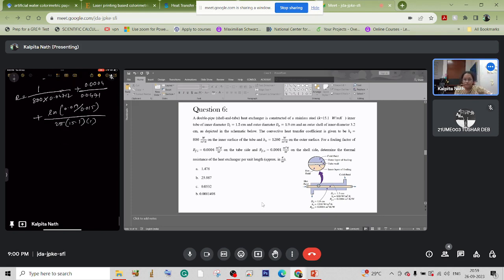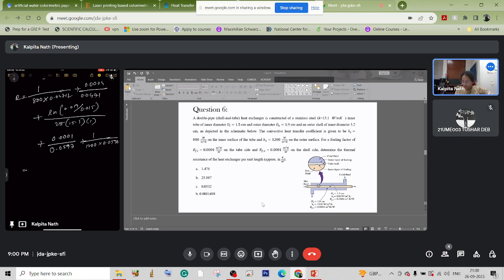Now for the shell side, this is 0.0001 over 0.0597, this is the area, plus 1 upon 1200 into 0.0597.